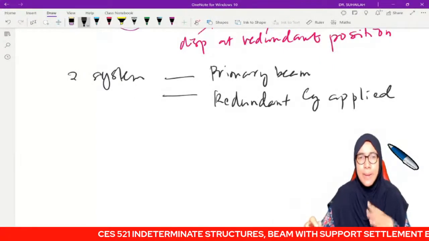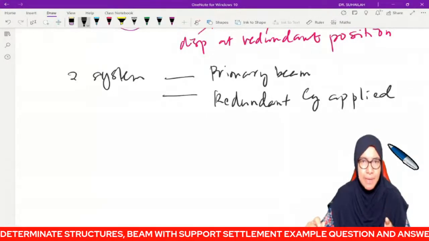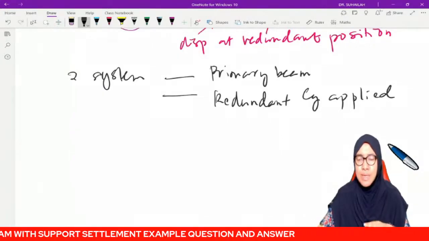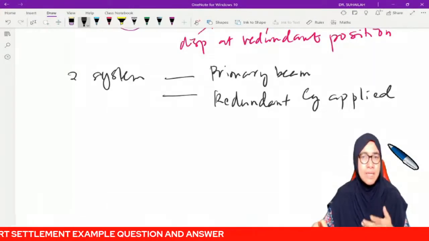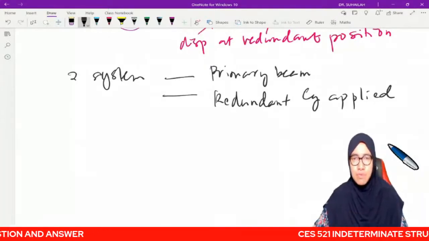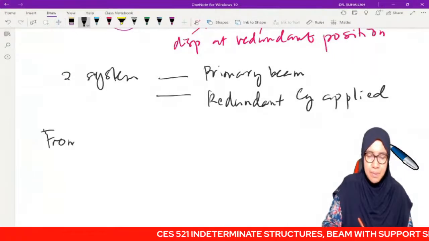The primary beam and redundant CY applied is a determinate beam, it must be stable. And we actually get the compatibility equation from what we call the principle of superposition.